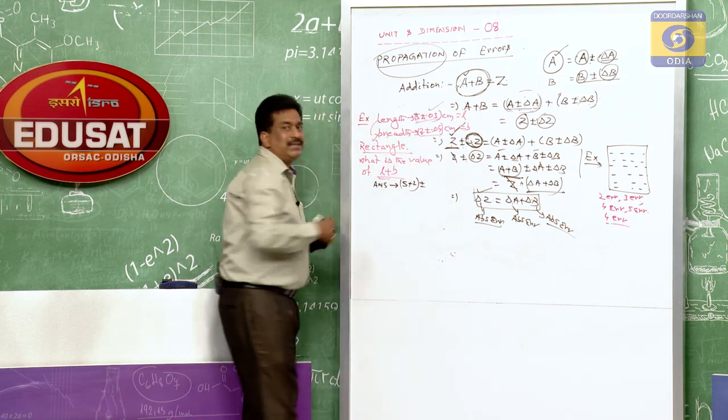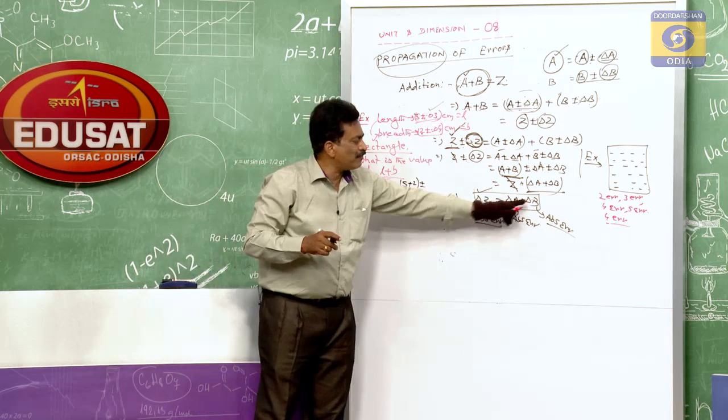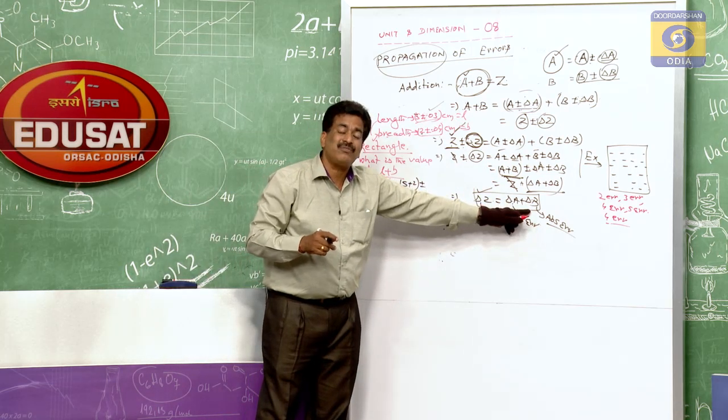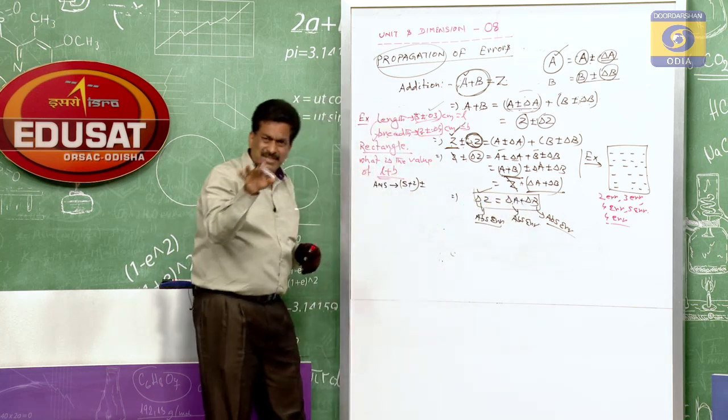With this, there is a plus or minus del Z. What is del Z? Sum of the absolute errors of those physical quantities. Here we have taken A and B as the physical quantities, but here L and B are the physical quantities.